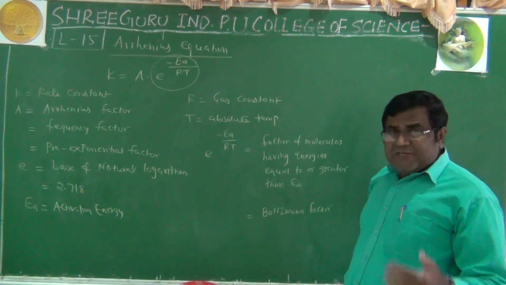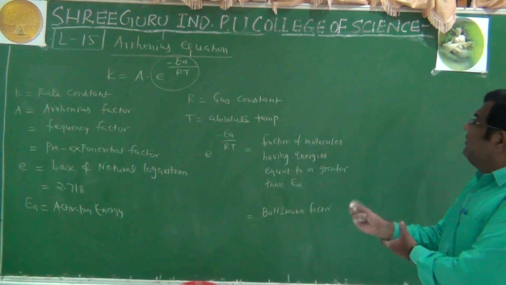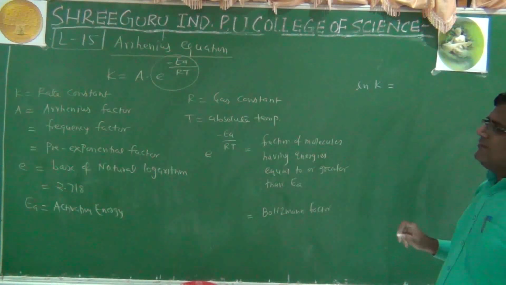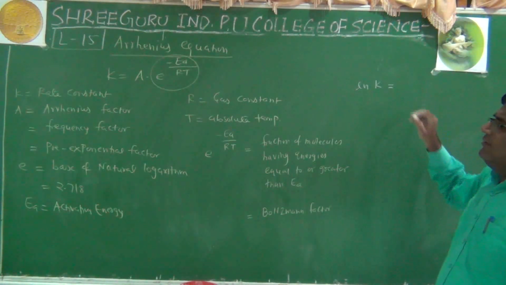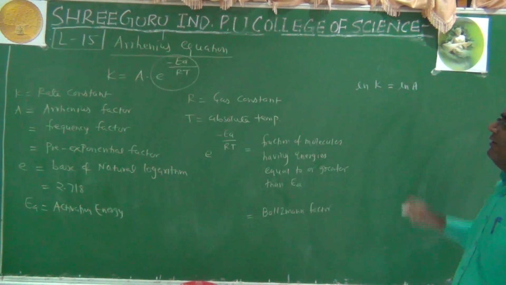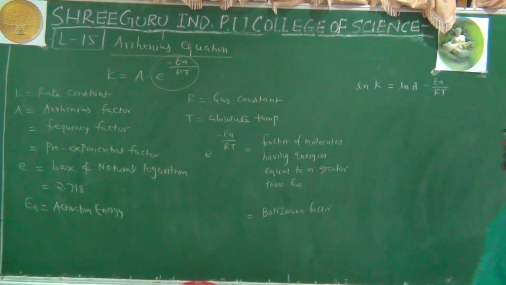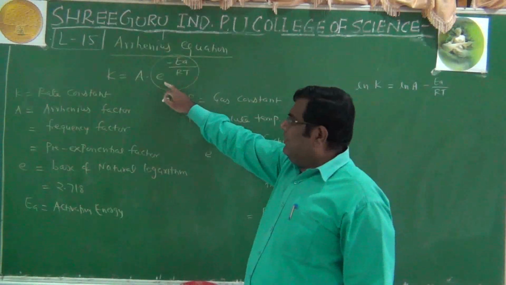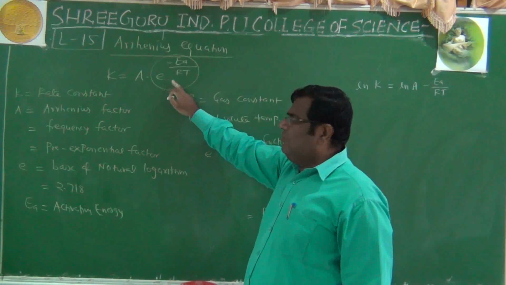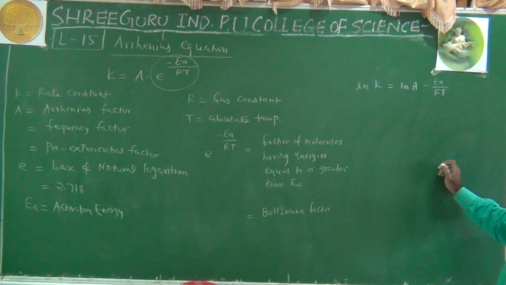Now I have to show the various forms of it. For that, we will apply the natural log to both sides. So we can write this as natural log of k equals natural log of A minus Ea by RT, because this is just like log of A raised to B, which is B times log A. Log e is nothing but 1, so we have not mentioned that.